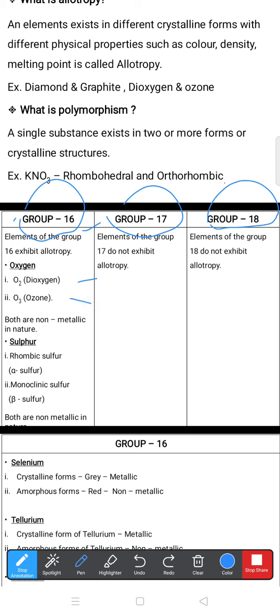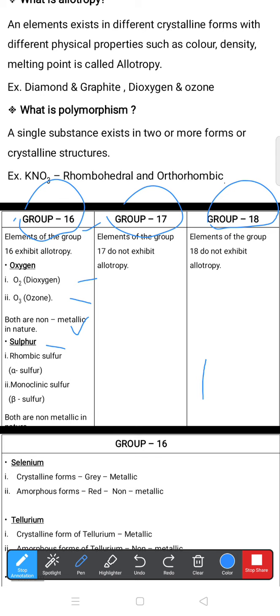Both are non-metallic in nature. Next element from group 16 is sulfur. The first example is rhombic sulfur, you may say alpha sulfur, and monoclinic sulfur, that is beta sulfur. Both sulfurs are non-metallic in nature.